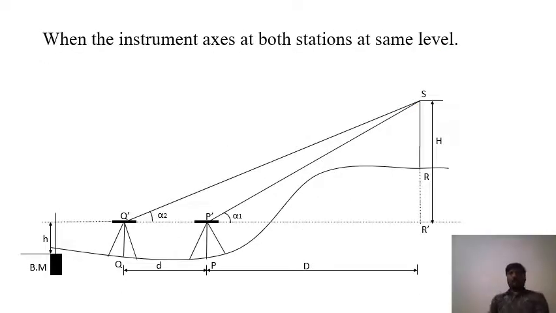Now let me derive the equation, how it works and how we can find the height, difference in height and distance directly or indirectly. We have seen the figure before, so I am skipping it. The angle of elevation to S is shown in the figure.